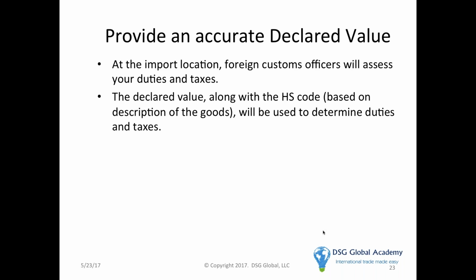Many times, countries around the world have different duty rates for the same item. And that's because of their historical economics. Some countries were trying to protect their domestic industry. Some countries were trying to increase trade.